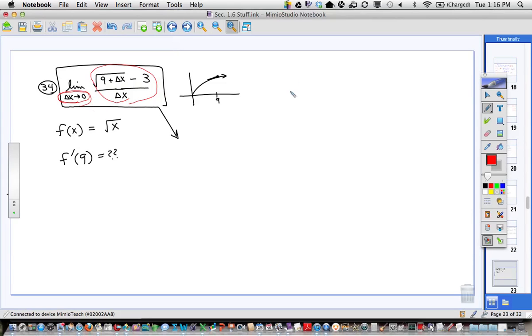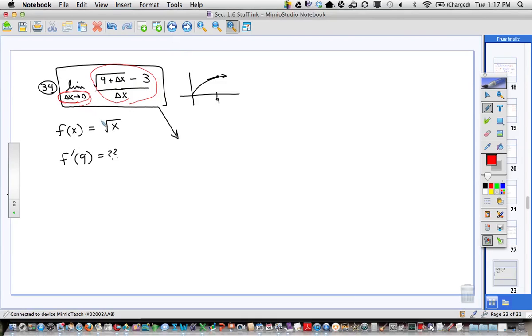What are the outputs of this fraction as its inputs get close to 0? Now, it turns out these outputs are getting close to what? 1/6, right? These outputs are getting close to 1/6 when its input, h, is getting close to 0. And that 1/6 represents what? The slope of this graph at 9.